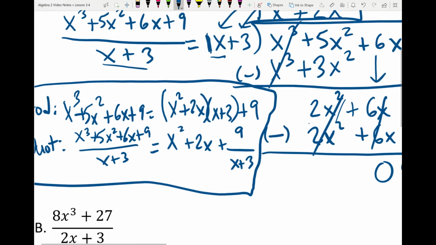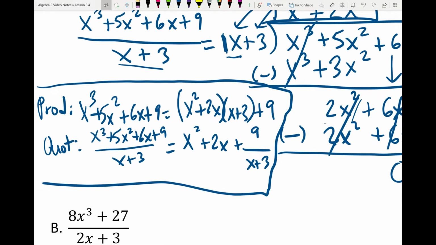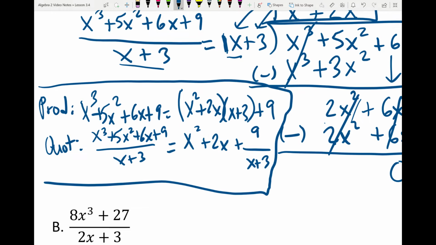Kind of zoom in on that. So this right here was the quotient. And that was our remainder. And that was our divisor.